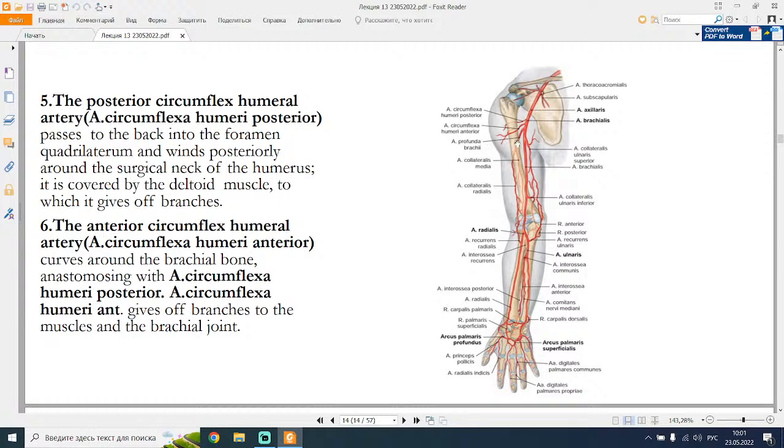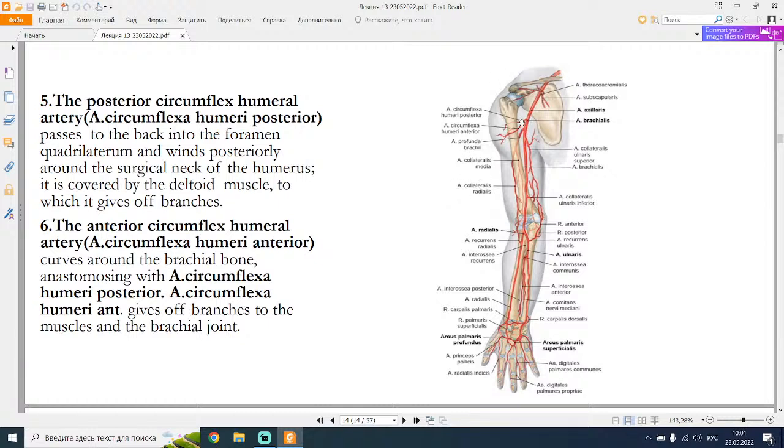Next, arteria circumflexa humeri anterior curves around the humerus, anastomosing with arteria circumflexa humeri posterior. Arteria circumflexa anterior gives off branches to the muscles and the shoulder joint.